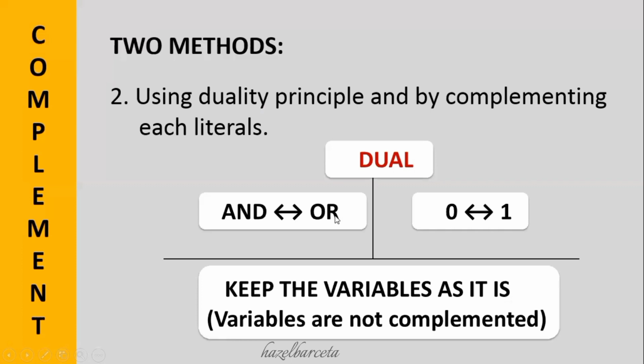Si and, papalitan natin ng or. Si or, papalitan natin ng and. Si 0, papalitan natin ng 1. Si 1 ay papalitan natin ng 0. And, wala po tayong papakialaman sa ating variables. Untouchable po ang ating variables. That is for duality.